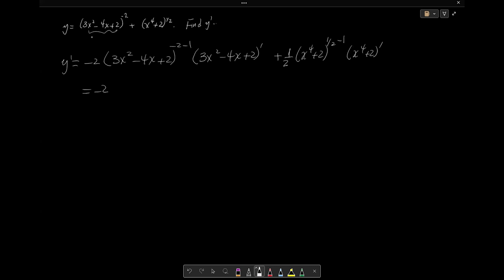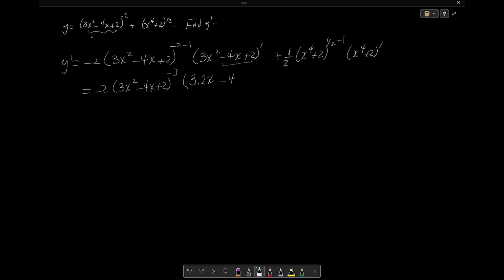Here we have negative 2, 3x squared minus 4x plus 2 to the negative 3. And now I have here the derivative of this. Well, the derivative of 3x squared is 3, drop down the 2, x to 1 less power. This is a straight line.